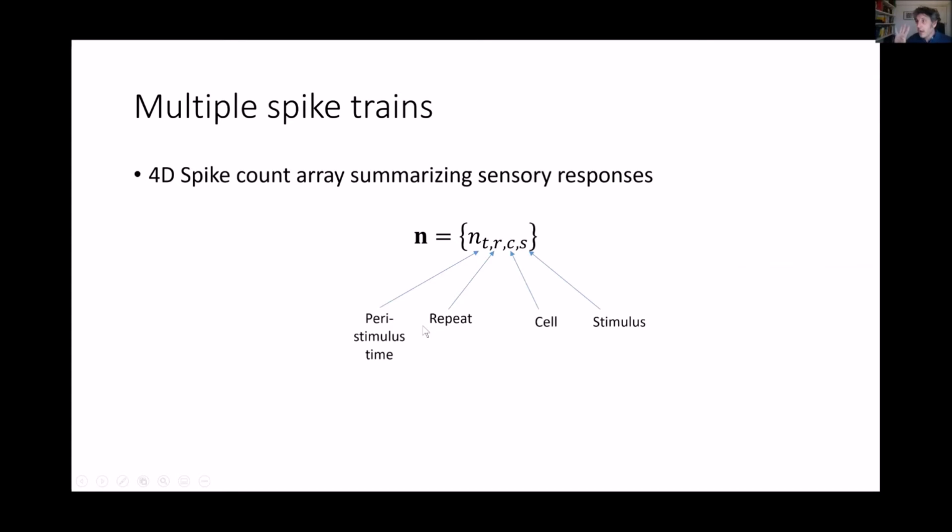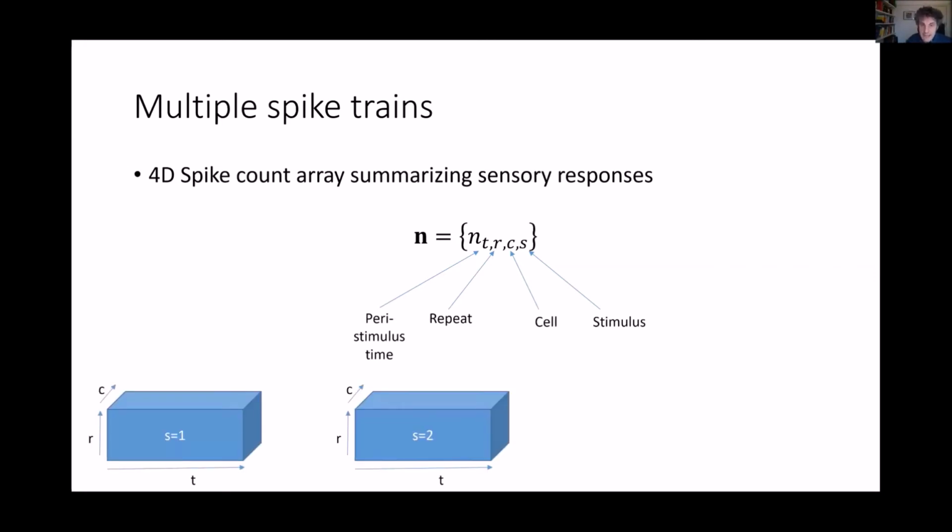So you've got a 4-dimensional array summarizing your spike count as a function of the time bin relative to the stimulus, the repeat number, the cell number, and the stimulus number. And this is your data, this 4-dimensional array, after you've processed it into this form. You can think of this split in various different ways. One way is that for each stimulus, you've got a 3-dimensional array of time, repeat number, and cell.